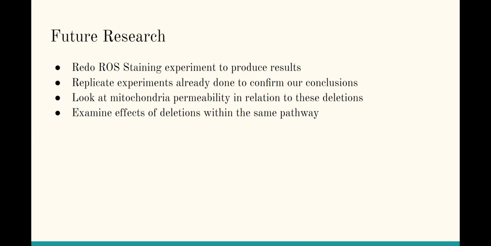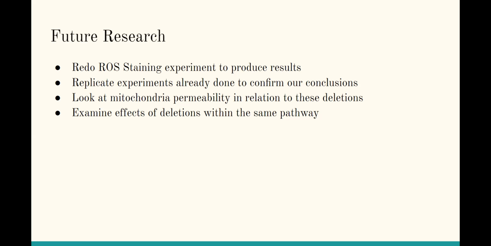It would also be interesting to look at mitochondrial permeability in relation to all of our deletions that we're working with now. Mitochondrial permeability has been seen to play a role in apoptosis, and so should these deletions have effects on mitochondrial permeability and ultimately apoptosis or regulated cell death, we would like to know.